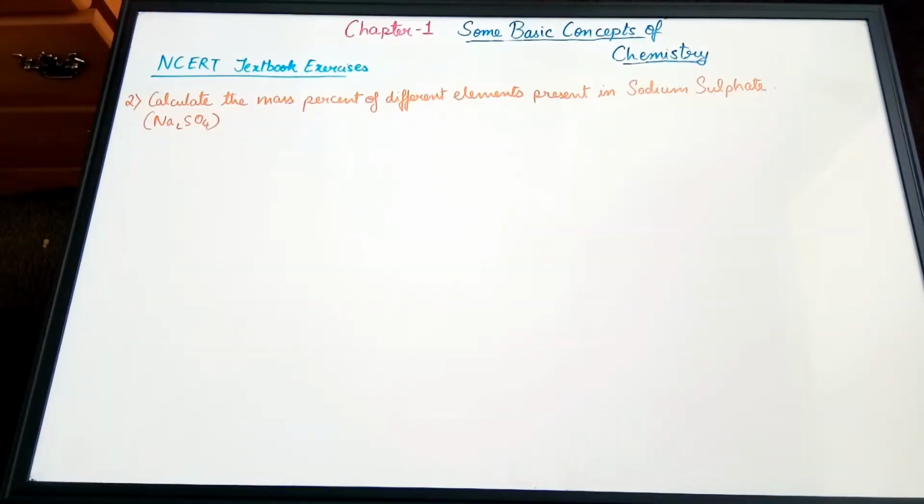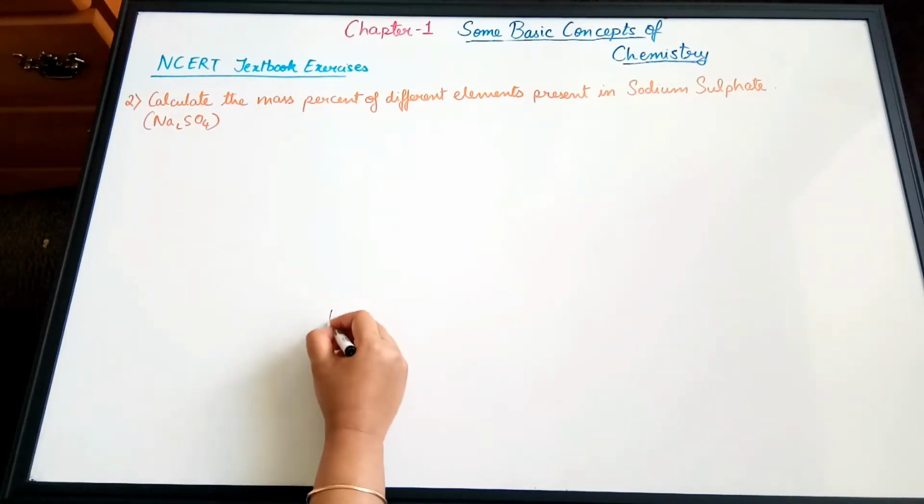The second question, calculate the mass percent of different elements present in sodium sulfate. So the formula of sodium sulfate is Na2SO4. The mass percentage of each element in sodium sulfate is the mass of that particular element divided by the molar mass of that compound.